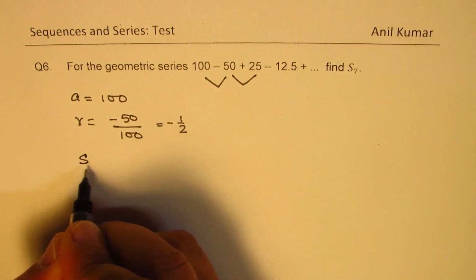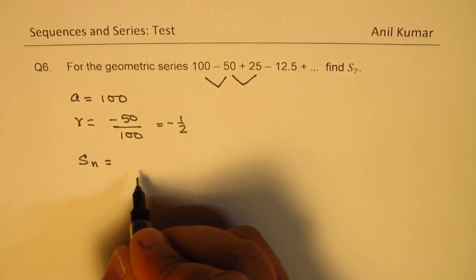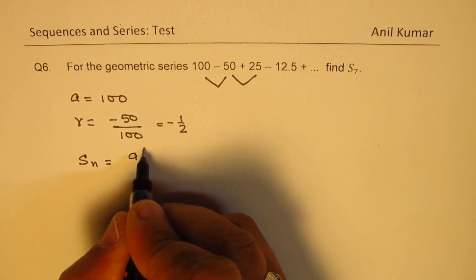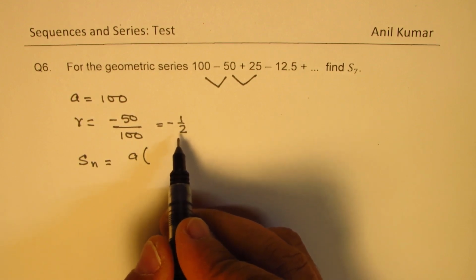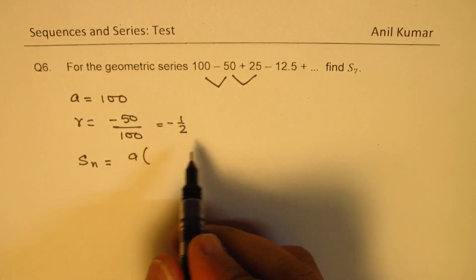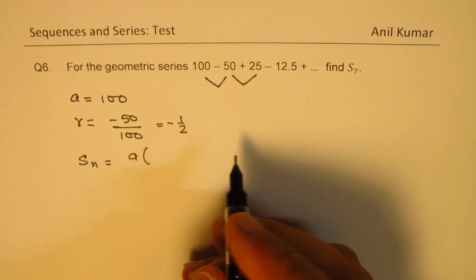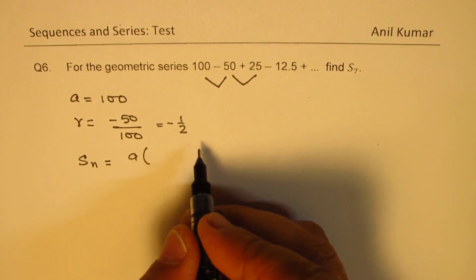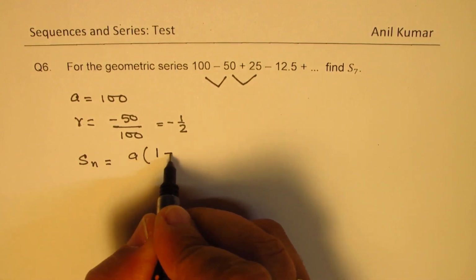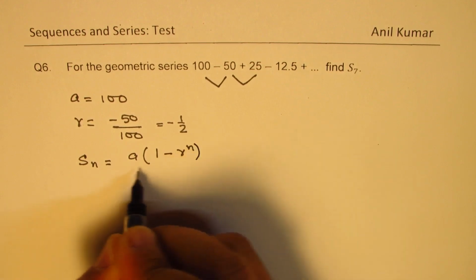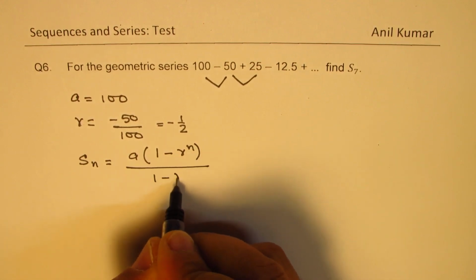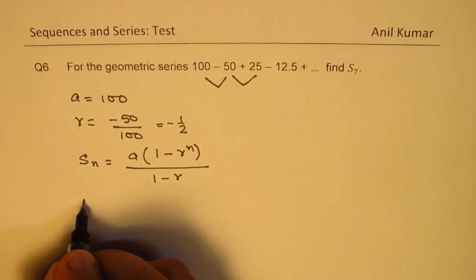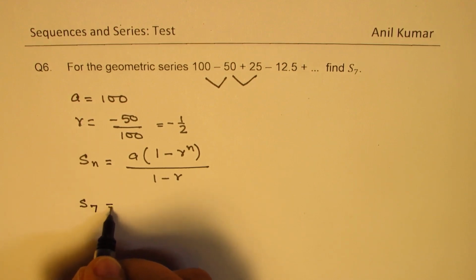Now the sum of series formula for the geometric series is A times... Now whenever R is a smaller number, you normally write this as 1 minus R to the power of n, right? So that is what we do. Normally we write 1 minus R to the power of n over 1 minus R, correct? So that is what the formula is. We need to find the sum of 7 terms.